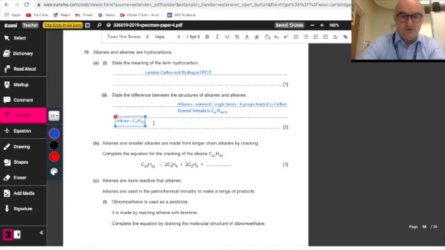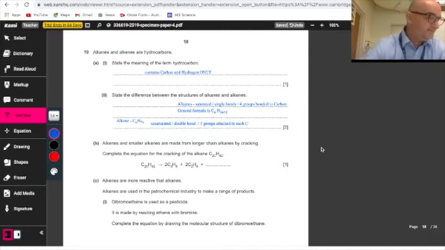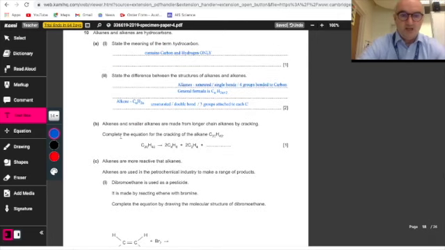And then we also say that it's unsaturated, meaning you can put more hydrogen into it. There is a double bond present and only 3 groups attached to each C. Is that enough to hit the mark scheme? Yes, more than enough. Alkenes and smaller alkanes are made from longer chain alkanes by cracking, thermal decomposition.